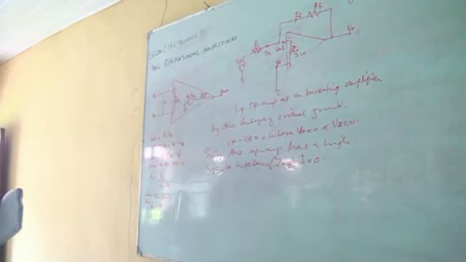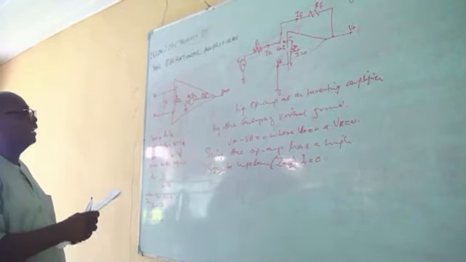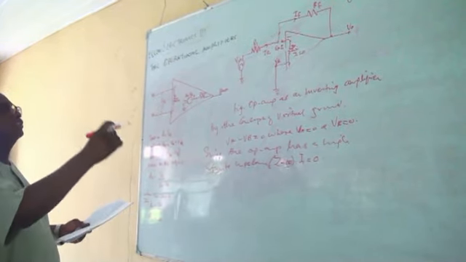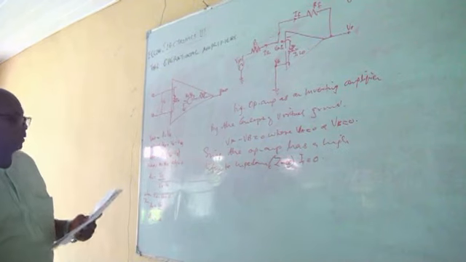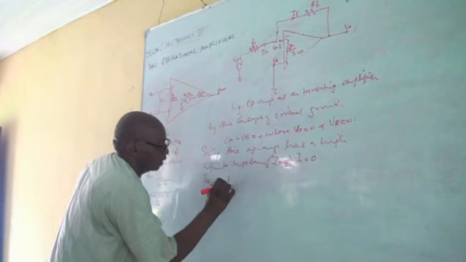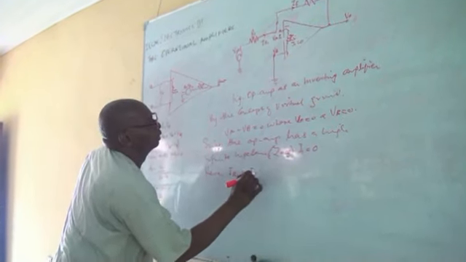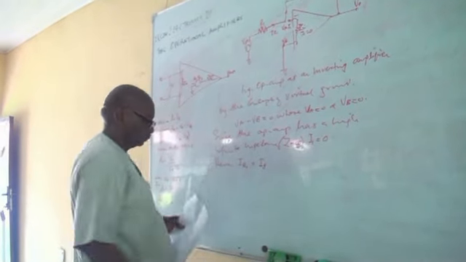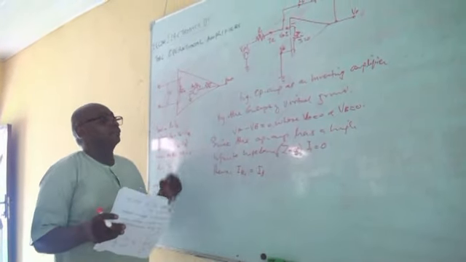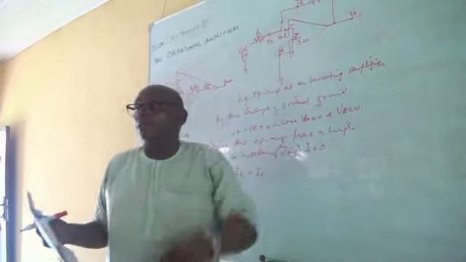So now, we'll start looking at the current passing through the individual resistors that are here. Hence, IR1 equals IF, the feedback current passing through the feedback resistor.